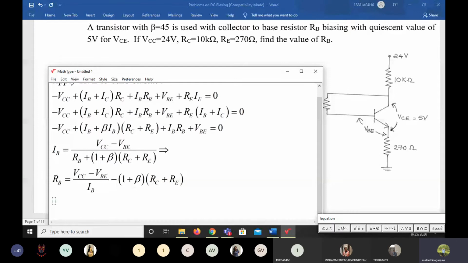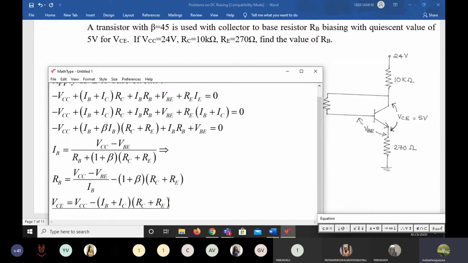And coming to the output equation, it is equal to this. Am I right? VCC minus (IB plus IC) RC plus RE. This is the formula, right?